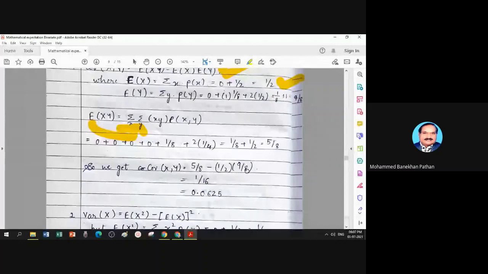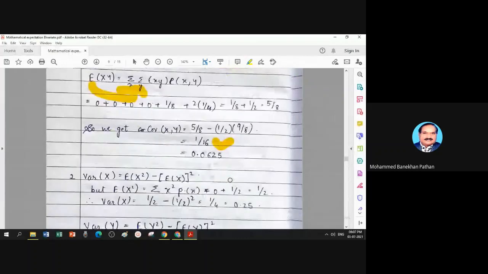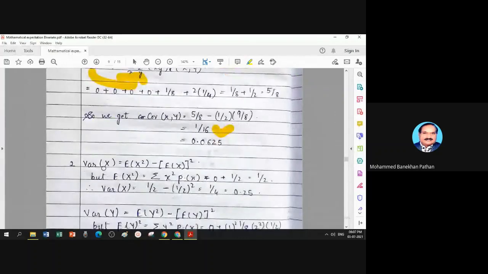I want the variance of x: expected value of x squared minus the square of the expectation. This is the simplified form, not the original variance definition. You have the knowledge of E of x from the previous calculation. Just get E of x squared.